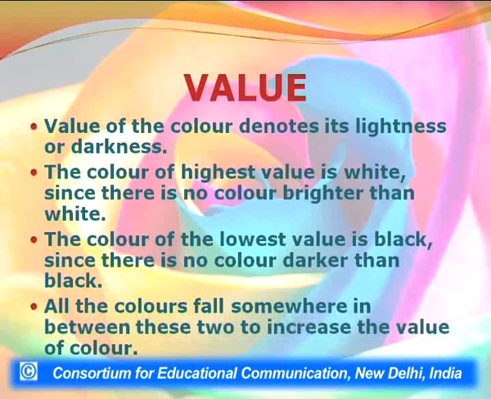So you can very well understand yourself that whenever we add a little white to a color, the shade of that color changes. So you can say there are a hundred degrees of color, so many different shades of the same color could be obtained, and all the colors fall somewhere in between these two to increase the value of color.